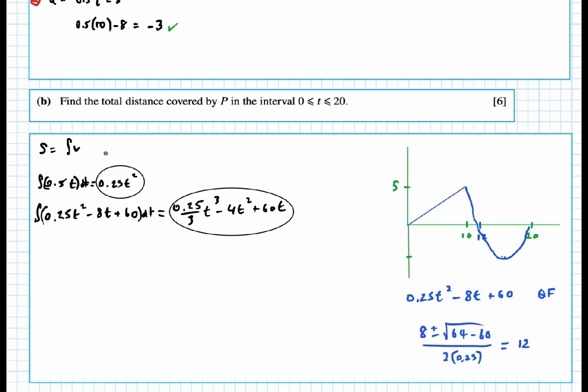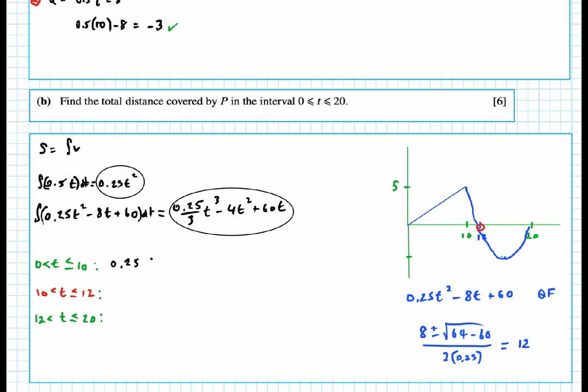Why not? Our next part, so we're going to actually plug in the boundaries then. So between 0 and 10 seconds, and then we have between 10 and 12 seconds, and lastly, third stage is between 12 and 20 seconds.